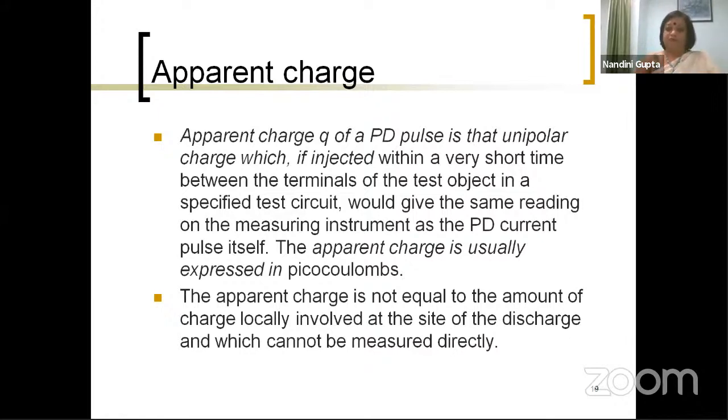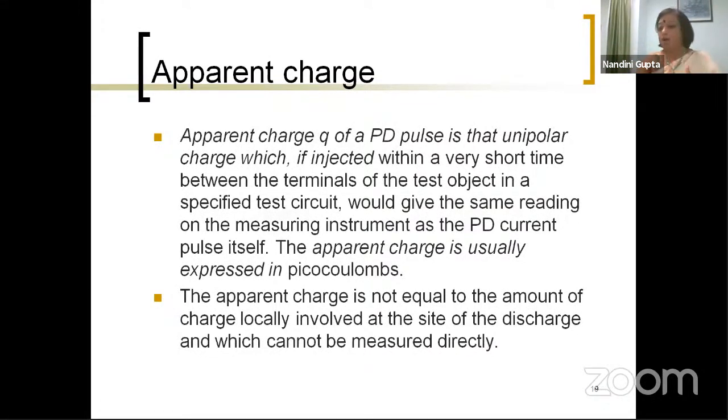So if you had a certain quantity of charge involved in the PD, you would be able to see a certain quantity of charge being observable across the terminals of the test object. So we define apparent charge as that quantity of charge which, if I inject across the test terminals, will give me the same reading as what the PD charge does.